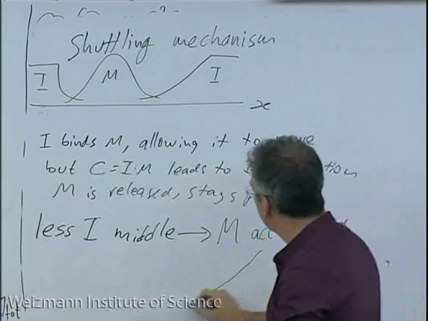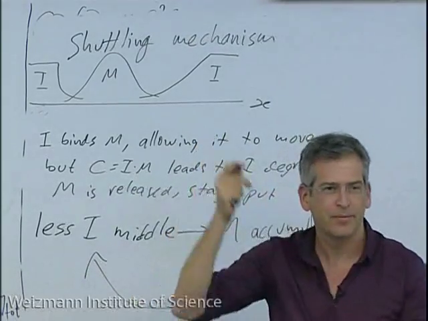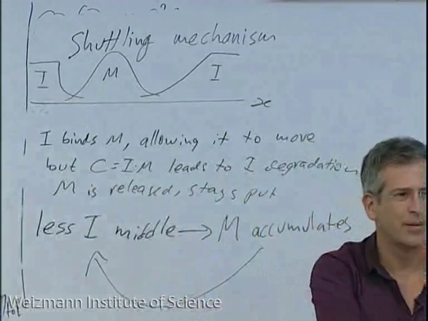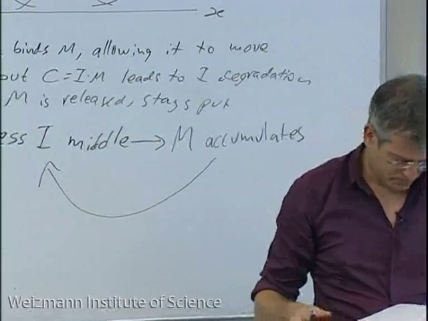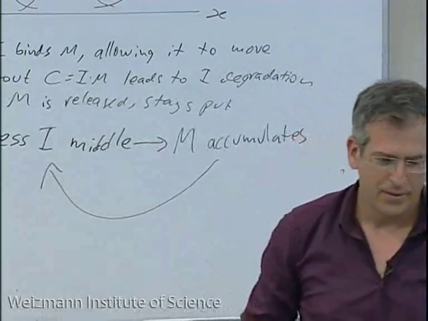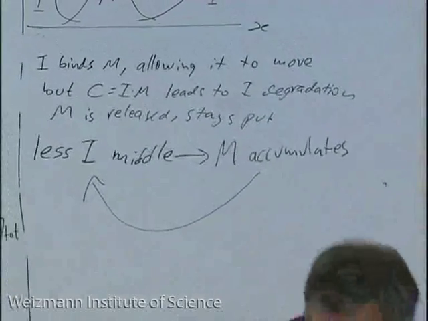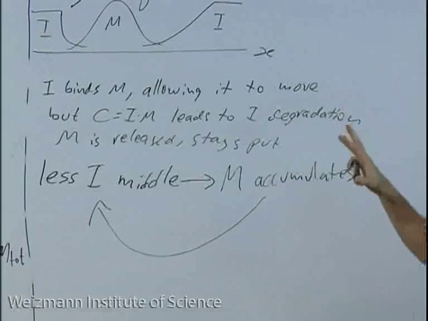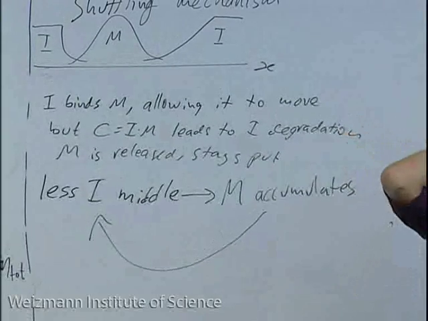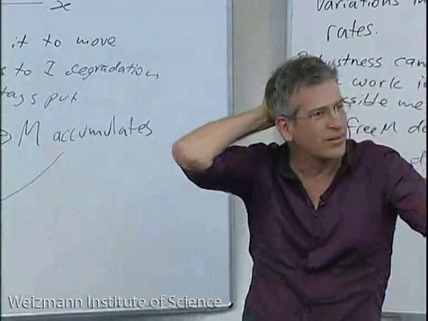And the more M accumulates, the less I there is in the middle. Something like that. Again, it's difficult to think of this without doing this parameter scan and finding robust models, but that's the way it looks.